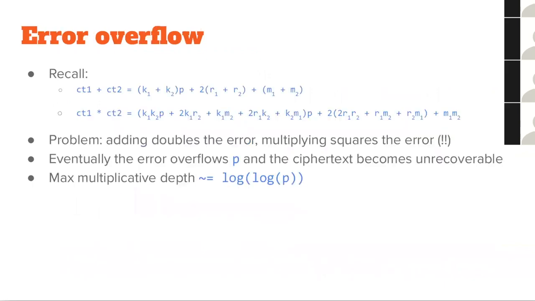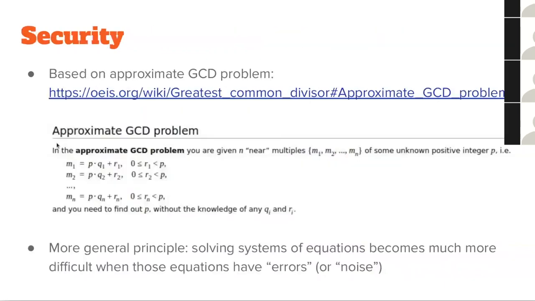But as it turns out, if you just have approximate multiples, then figuring out what p is becomes much harder. So the security of this cryptographic scheme is based on the hardness of computing approximate GCDs as opposed to computing exact GCDs, which is easy.